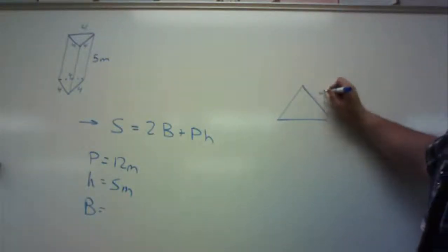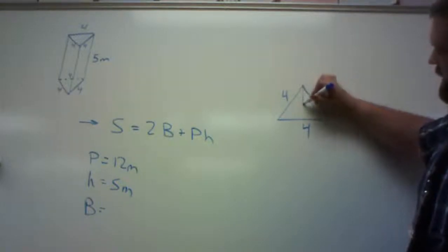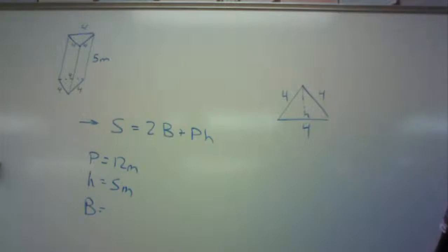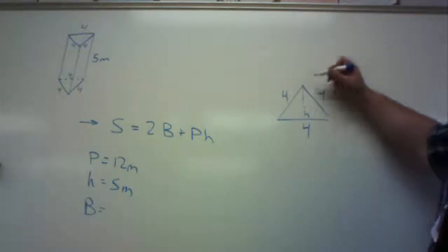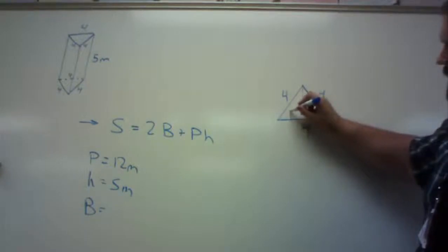Well, 4, 4, 4, dotted line here, right angle. What's the height of my equilateral triangle? Oh wait, if it's equilateral and I just drew an altitude, I just cut the base in half. That's 2, that's 2.